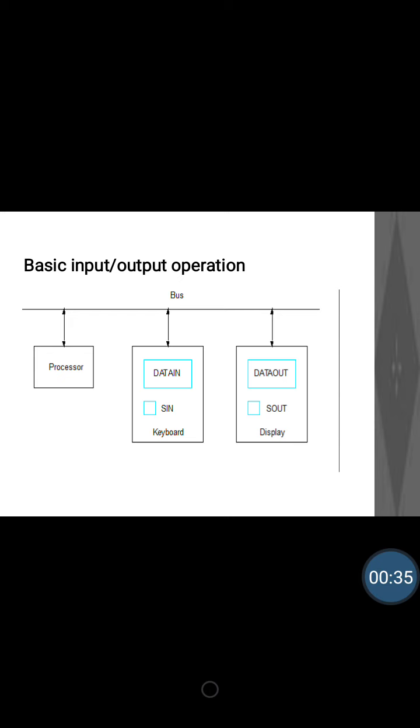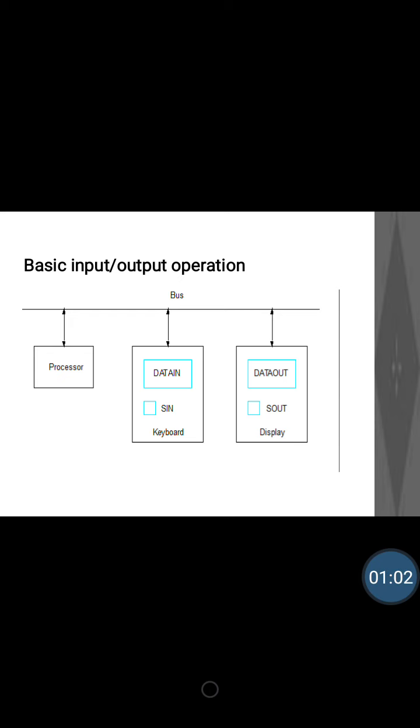Input output operations are very essential, and the way in which they are performed has a significant effect on the performance of a computer. Computer performance now also depends on how the inputting and outputting operations take place. So let me explain the basic input output operations in this video.